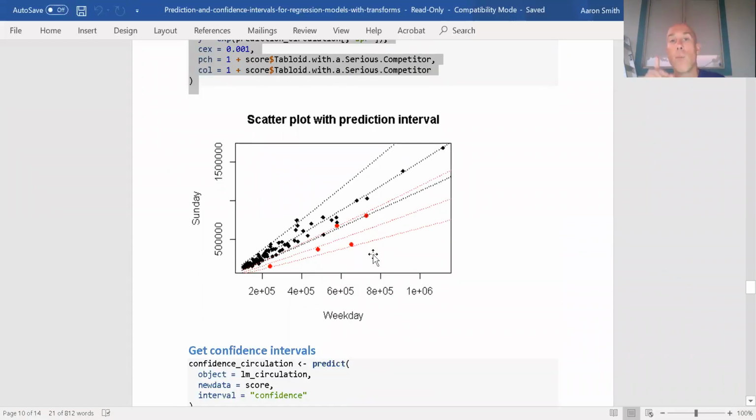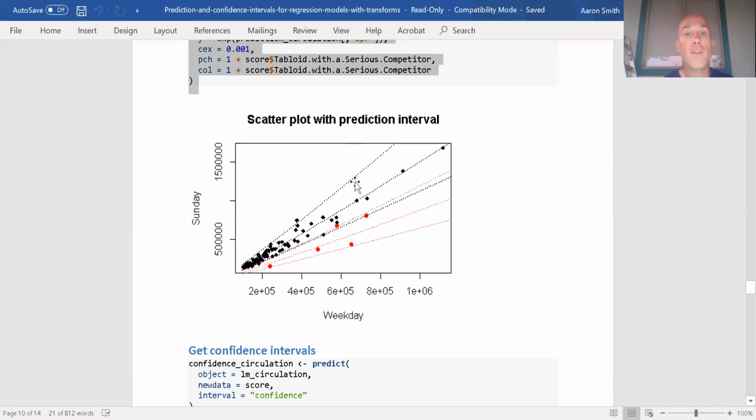Okay, so remember, this is my prediction interval. So this is telling me that if I kept on collecting data over and over and over, I would expect to see 95%, so if I picked a particular weekday value, let's say this particular weekday value, if I kept on sampling for that one weekday, I did it over and over and over, I would expect to see 95% of the observations in this interval.